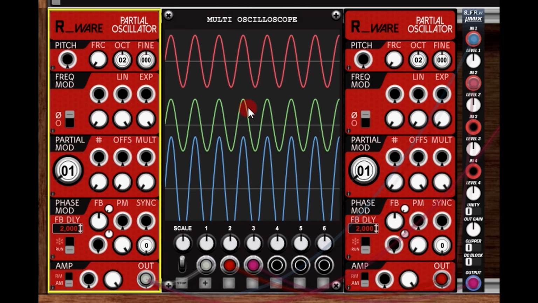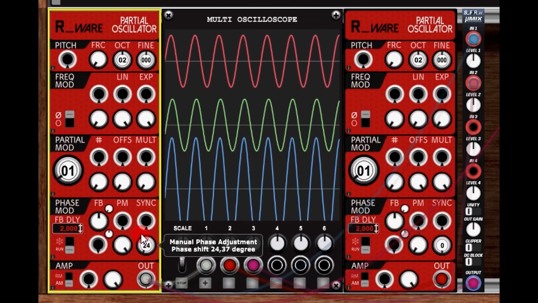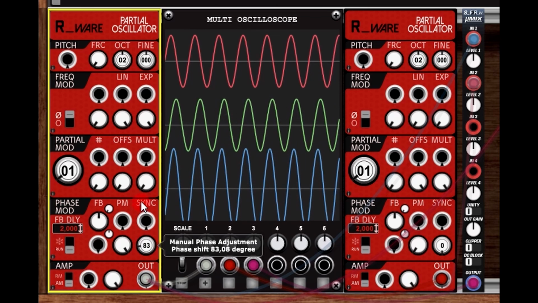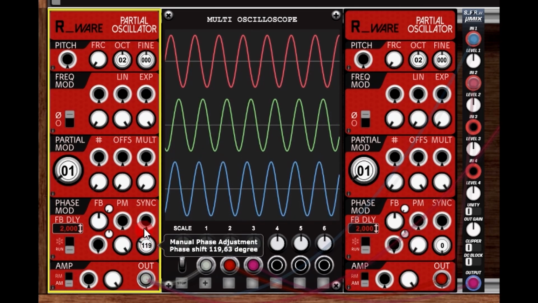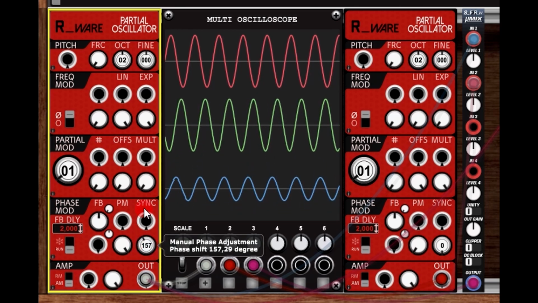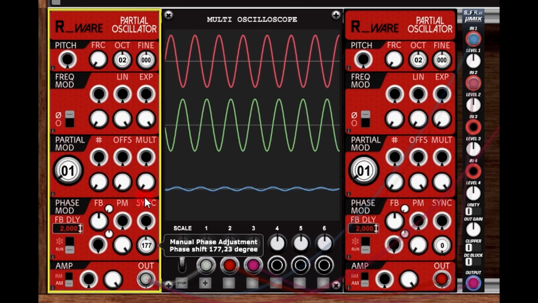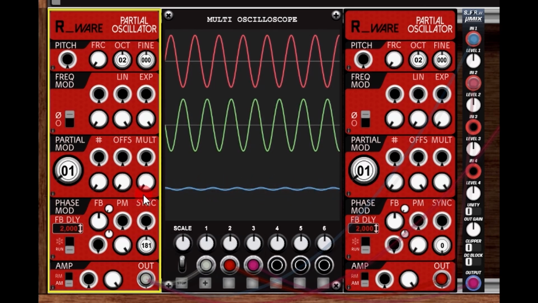But when I shift the phase using this knob here, let me do so. I shift the phase of, you see here, the green curve. I shift the phase until I reach a phase shift of 180 degrees, which is 1/2 wave. It's here, 175, okay. Let me try 185, it's too much.